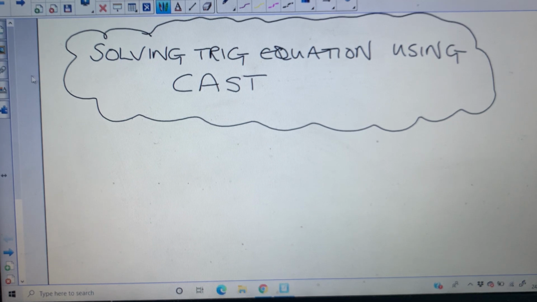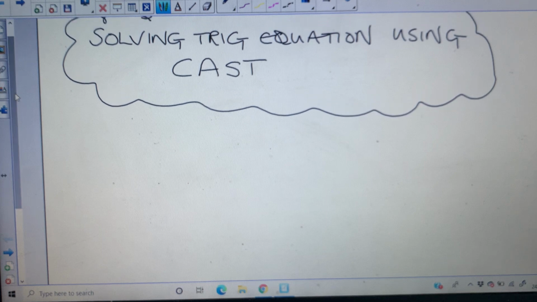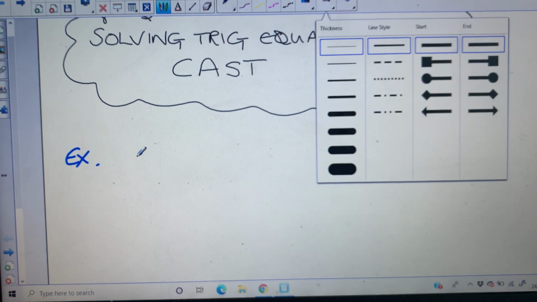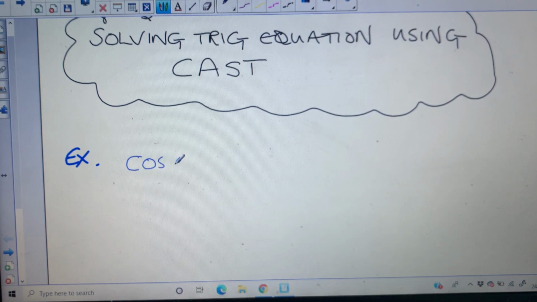So far, I'm expecting you to have completed question 2 in exercise 10E to be able to do this lesson. So far, what we've been doing is solving equations like cos of x is minus 0.8, and we've been looking at this classic range of angles between 0 and 360.